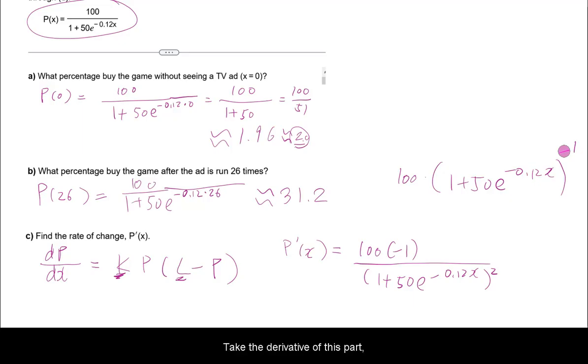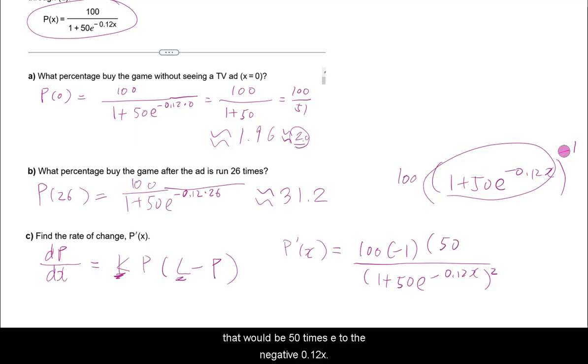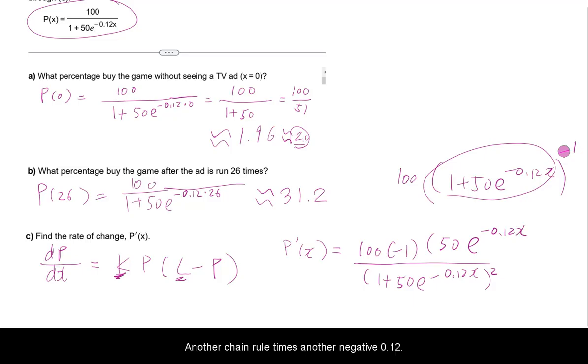Take the derivative of this part. That would be 50 times e to the negative 0.12x, another chain rule, times another negative 0.12.